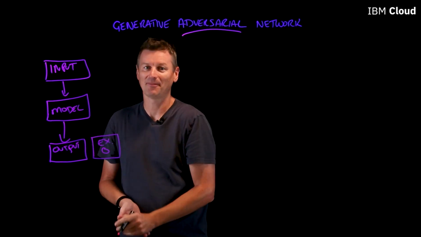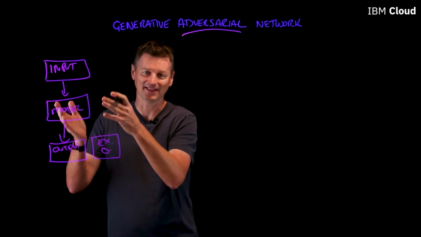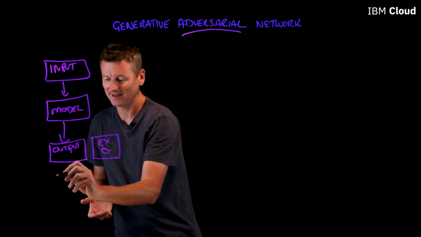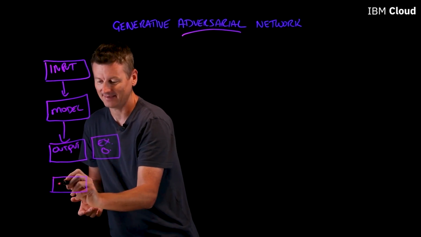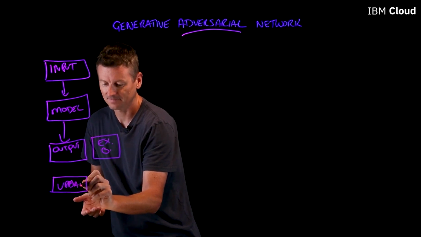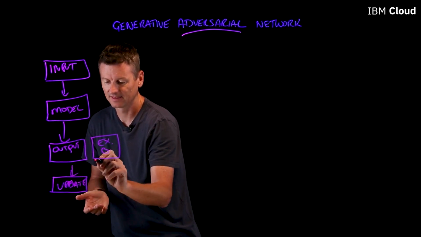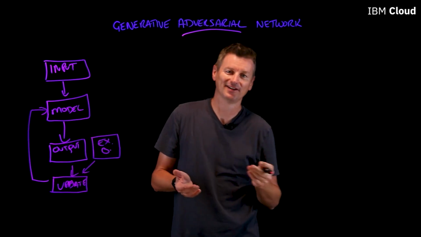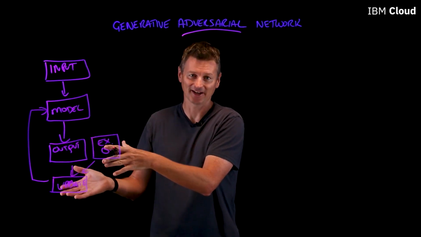And then based upon that expected output and the actual predicted output, we can figure out how we should update our model to create better outputs. That is an example of supervised learning.